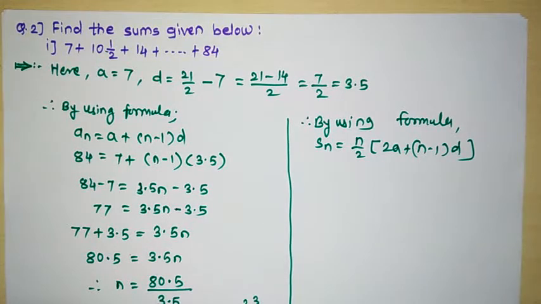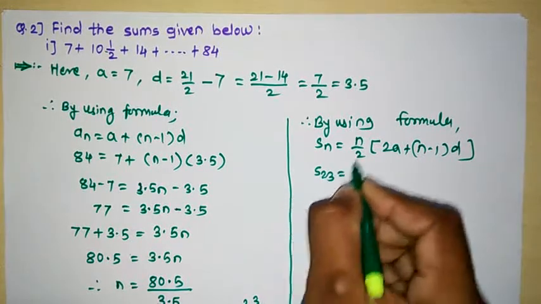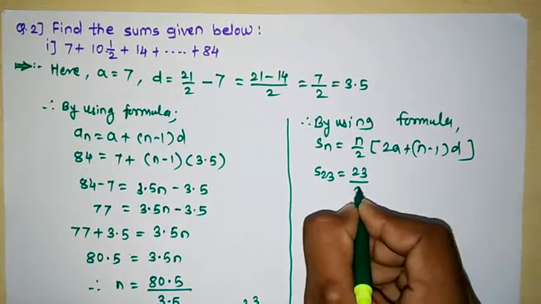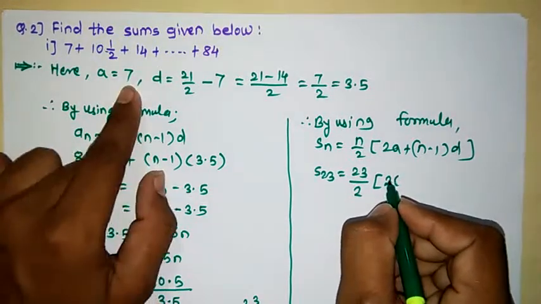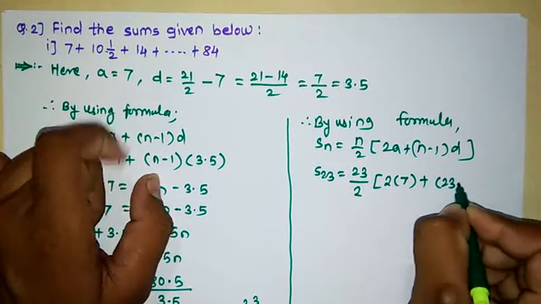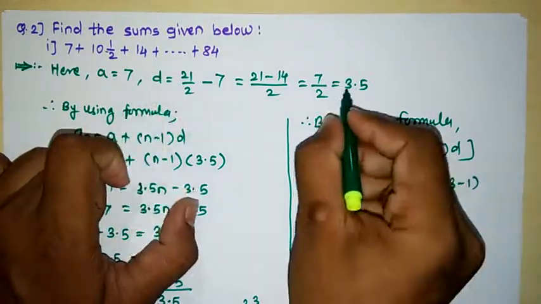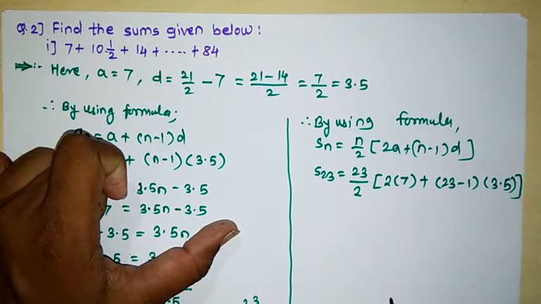Put here sum of the 23 terms is equal to, instead of n we write 23 divided by 2 into 2a. What is the value of a here? a we got 7. Put here 7 plus n, that is 23 minus 1. What is the common difference d? d is 3.5. Put here 3.5. Close the bracket.